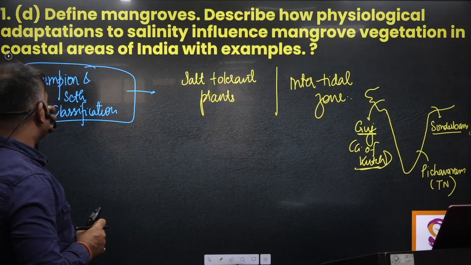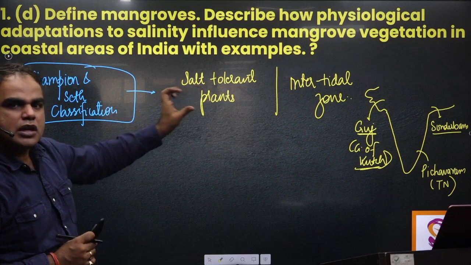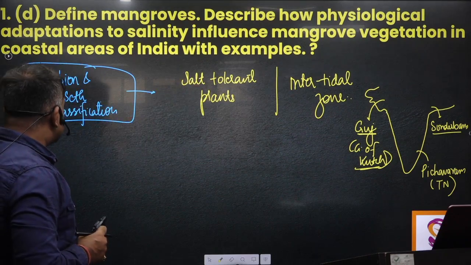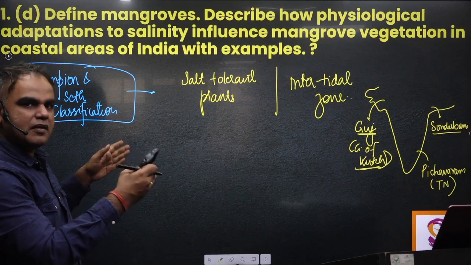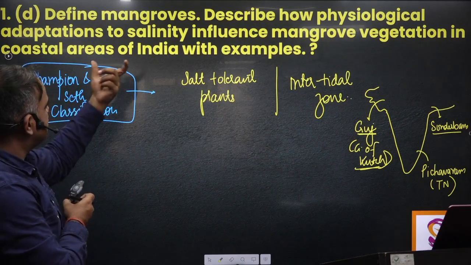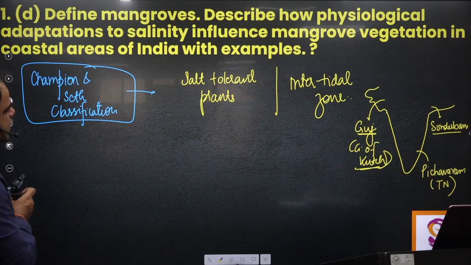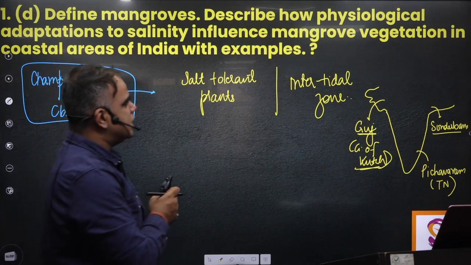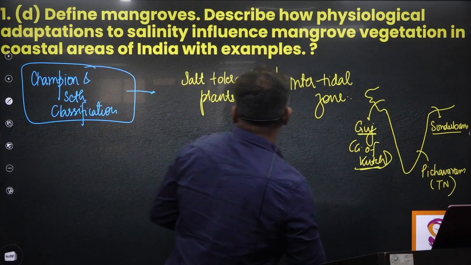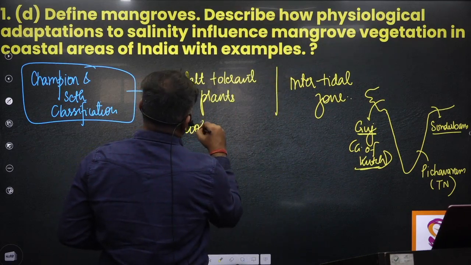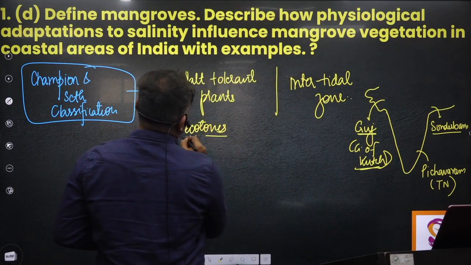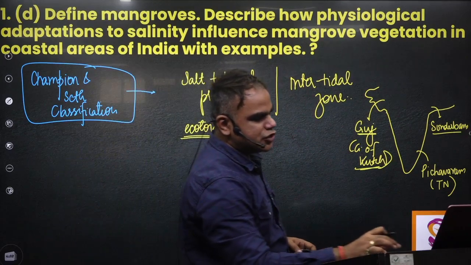So the point is, what you've done, you can easily define mangroves. You can also give the Champion and Seth classification, where we discuss the different types of trees, for example, in India. Okay, so you can define mangroves, that these are salt tolerant plants in general. Okay, or you can even use keywords like these are ecotones, highly productive in nature.